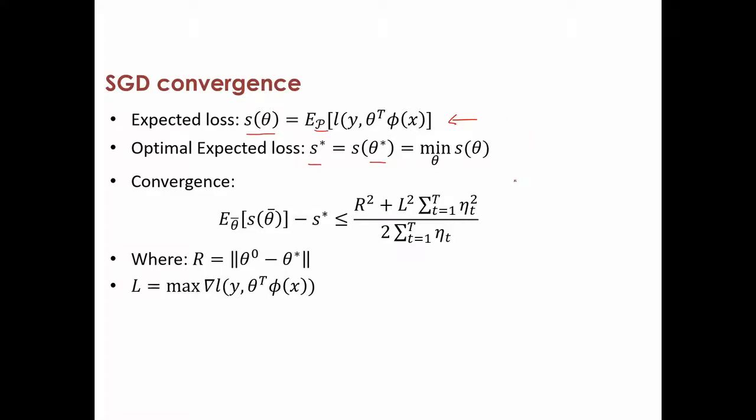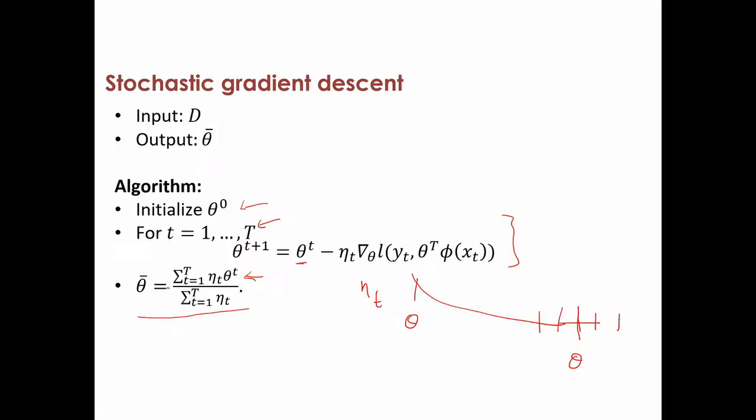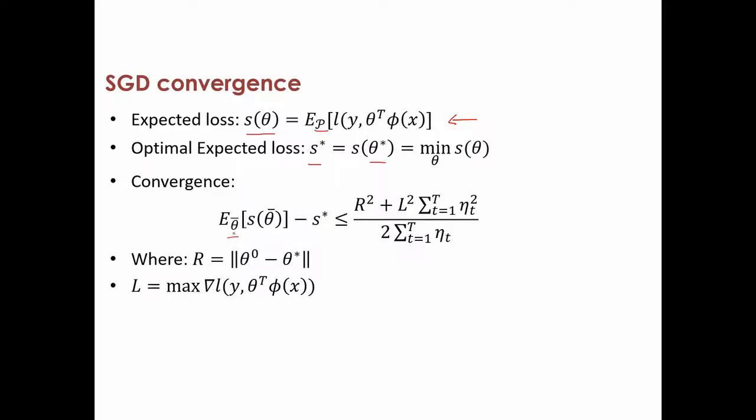Now, the kind of guarantee that we are going to give is the following. We are going to say that if we take expectation over this theta bar — what does this expectation over theta bar mean? You remember that this theta bar is also random because each of these theta t's is random. So if we take expectation over theta bar and then look at this expected loss, there are two expectations here.